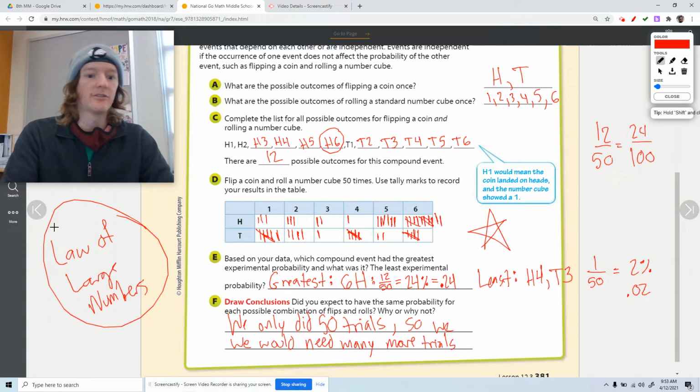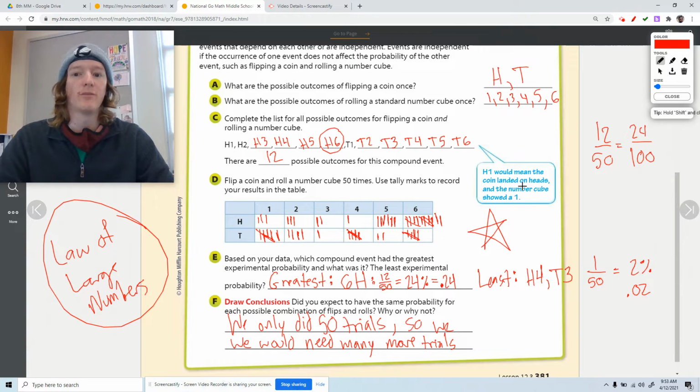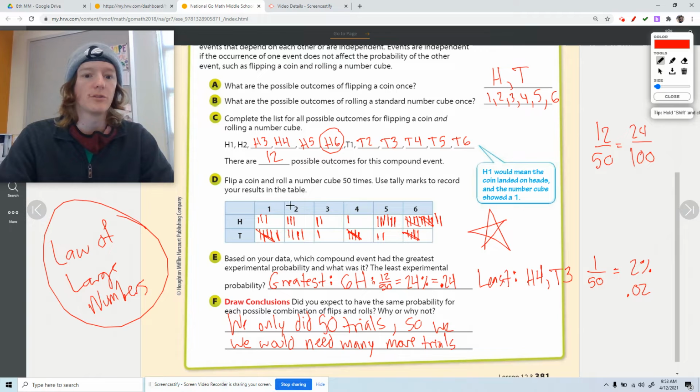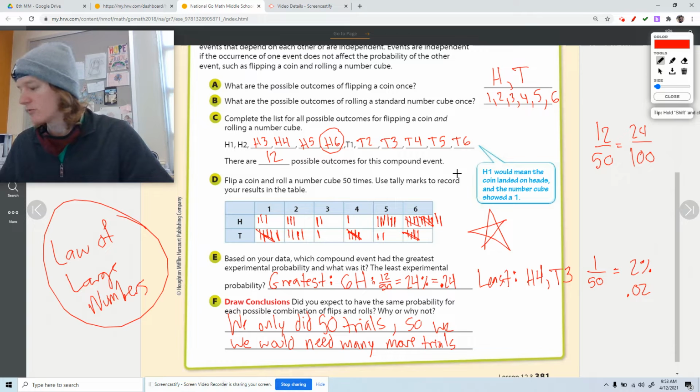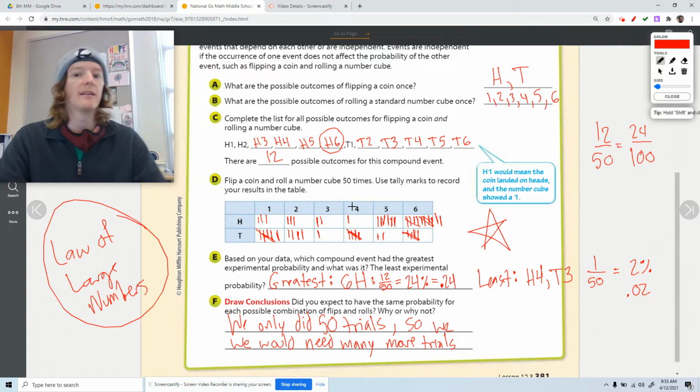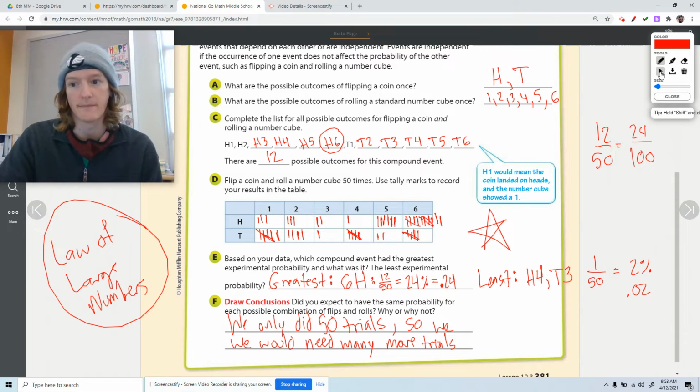Because the law of large numbers says the more you do this, the closer you get to your theoretical probability, where each one would be 1/12, 1 divided by 12. Each one would be about 8.3% of the time. In this case, we got some that are 2%, and we got one that's 24%. If we did 10,000 trials, those would probably balance out over time.